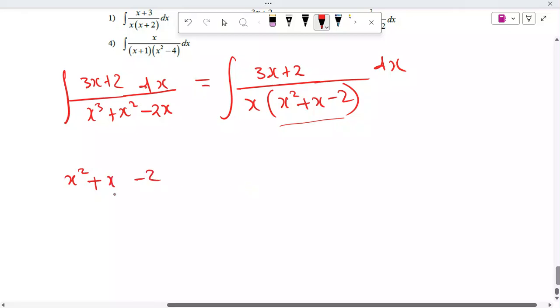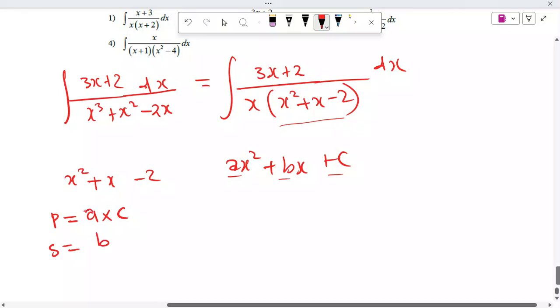Let's factorize this. We know this is in the standard form ax squared plus bx plus c. So the coefficient of x squared is a, the coefficient of x is b, then we have c. Like this, you remember grade 12 work, you find the product, which is a multiplied by c. Then you find the sum, which is b.